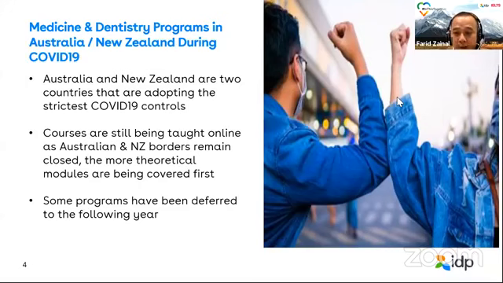They have been strict up to the point of even banning non-Australians and New Zealanders from entering the countries. But you'll be glad to know that it is still business as usual for the universities. But how do they get around this travel ban? Simply, they have moved classes and lessons online, making use of technology. The universities have been making extensive use of Zoom, Skype, and other online applications to ensure that the learning experience mirrors the experience of studying on-site.